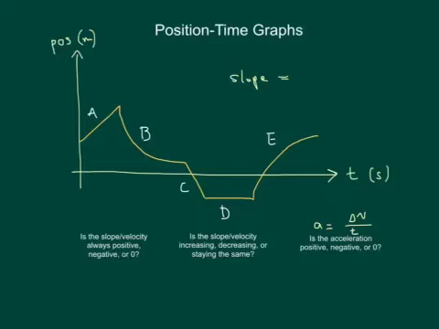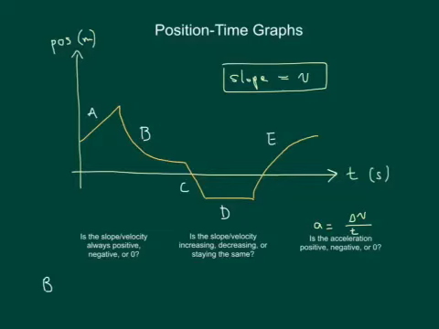Slope, we remember, is velocity. For segment B, we look and ask, is the slope, the velocity, always positive, negative, or zero? Well, because the line is curving down, we know that all of the slopes will be negative.